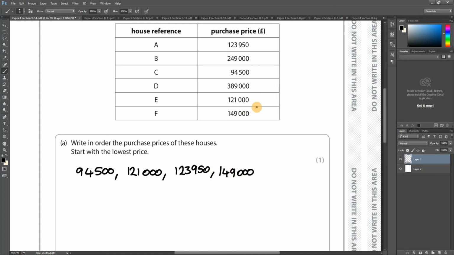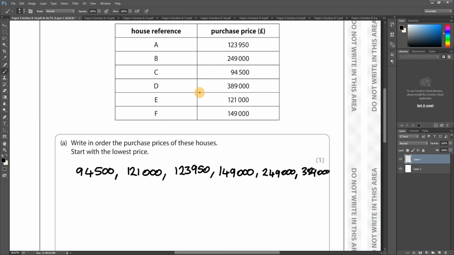It's always worth checking the other ones just in case. So where am I up to? 149,000. So I've only got this one or this one left. So obviously this one's the next one, 249,000. And the last one is 389,000.